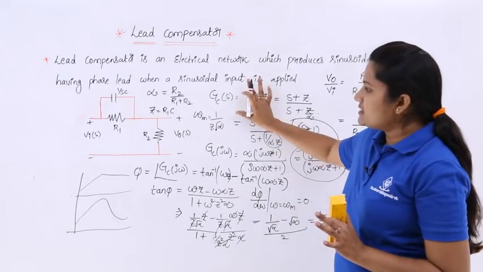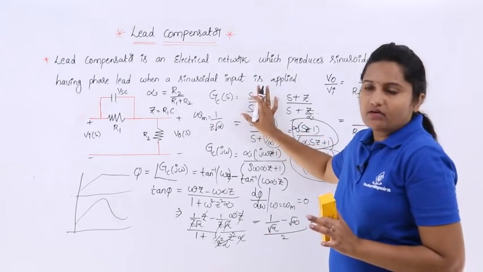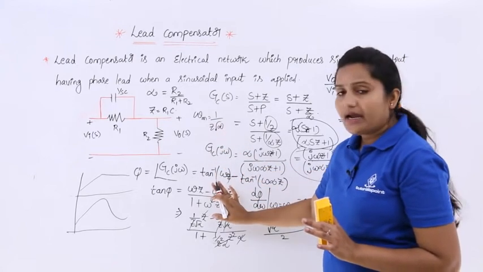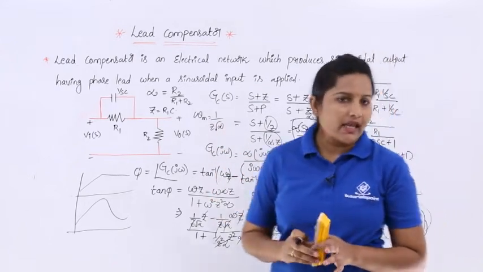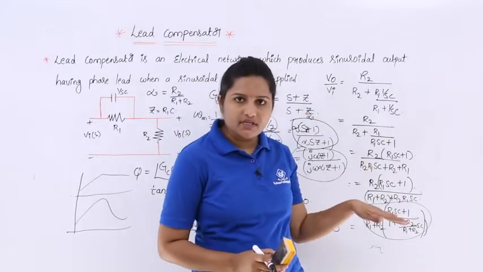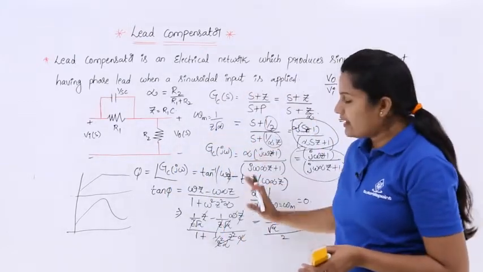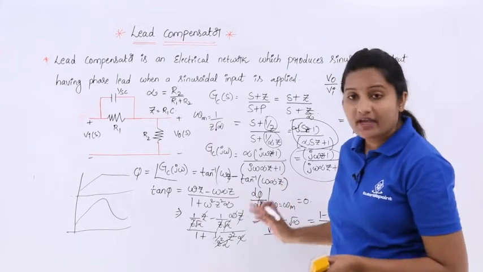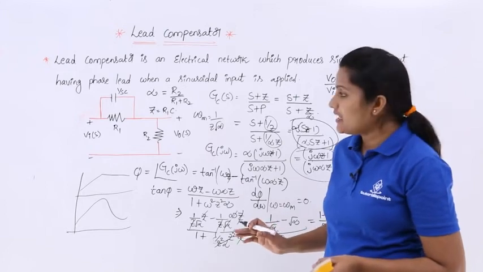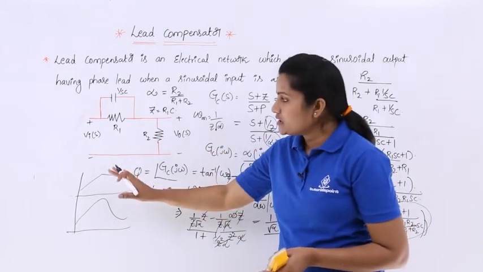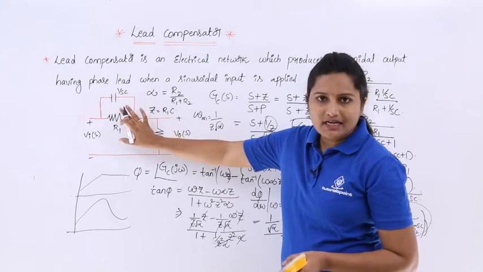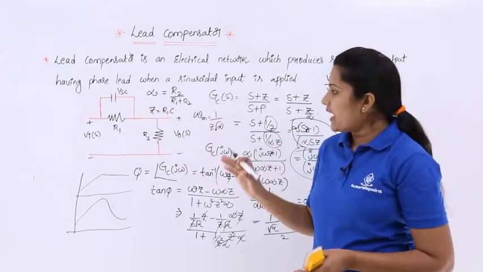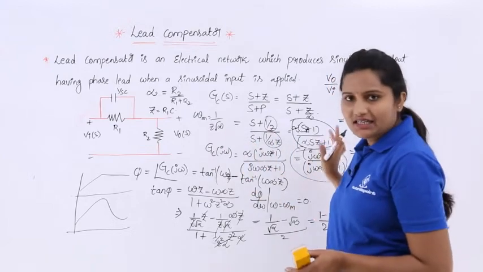Here I considered one transfer function. I converted it into the j omega domain and calculated phase and magnitude. I considered the maximum phase condition to get phase and magnitude values, and I considered the Bode plot. After that I came to this network, calculated it, and compared it with the considered equation.